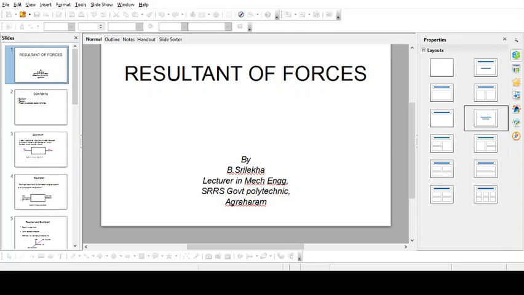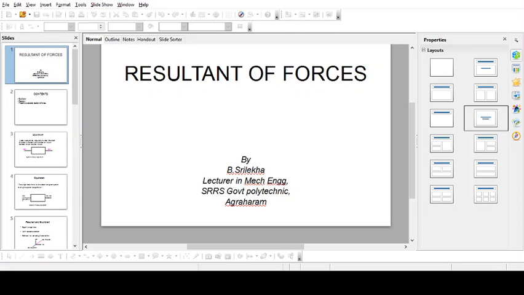In this analytical method, we will recall a topic from one of our previous sessions, that is resolution of forces. What is resolution of forces? It is nothing but splitting a force into components without changing its effect. If P is a force, then P cos theta is its horizontal component and P sin theta is its vertical component.